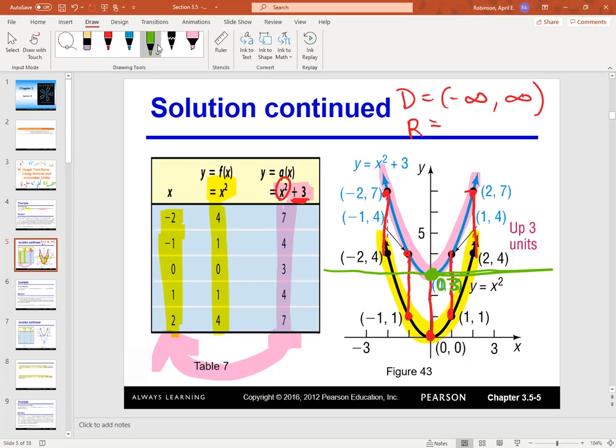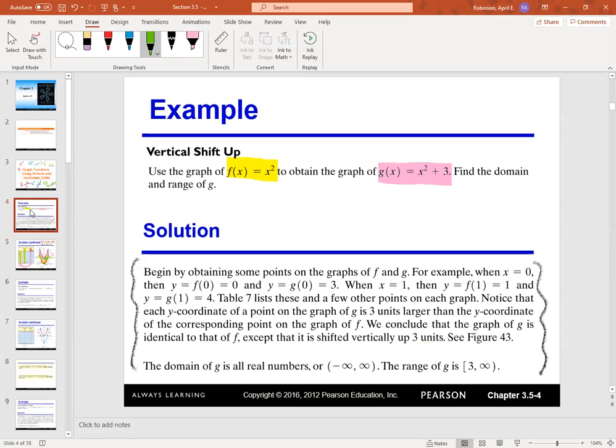So the range starts at 3 and includes the 3, and then it does go up to infinity because the arrows are pointing upward. And remember, the range is how it looks vertically, lowest to highest point, which is, I think, what they said, right? Yep, here's the range, 3 to infinity, and here was the domain, negative infinity to positive infinity.